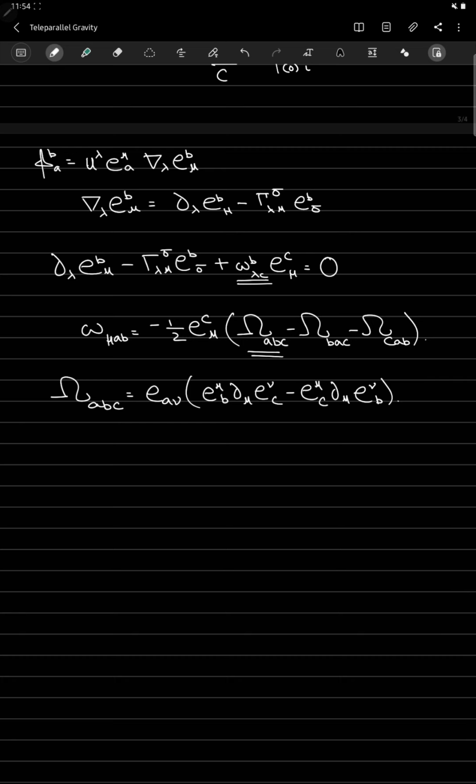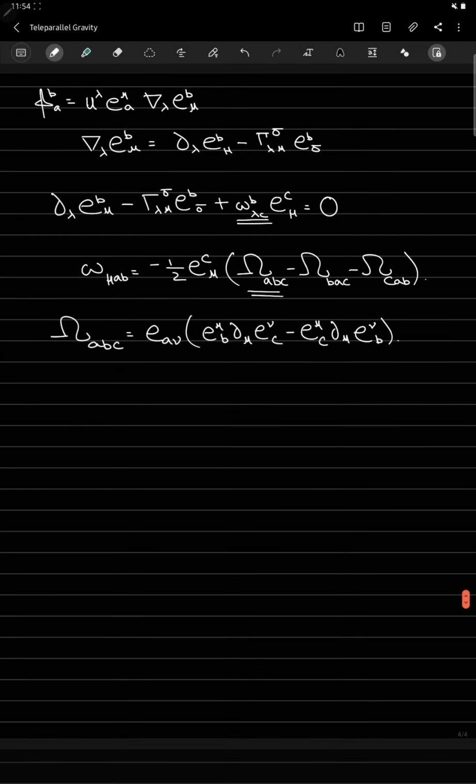Okay, and now using this, I can express this tensor phi ba as being equal to c times e mu 0 times this omega b mu a, right?